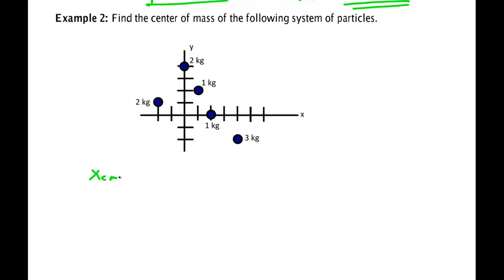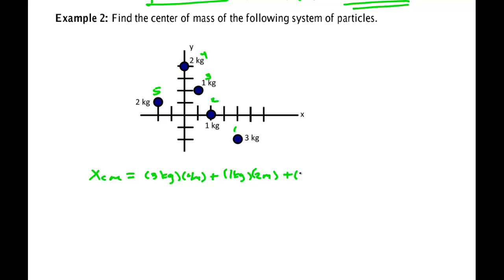I like to always label my particles, so this is particle 1, 2, 3, 4, 5. That just helps make sure I get them all right. I've got 3 kilograms. That's located at an X value of 1, 2, 3, 4, so that's at 4 meters. I have 1 kilogram. That's located at 1, 2 meters.